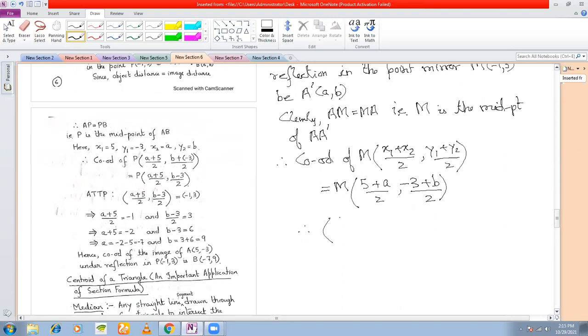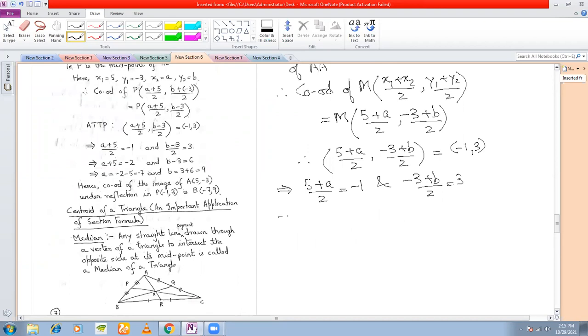So therefore, (5 plus a by 2, minus 3 plus b by 2) must be equal to (-1, 3). Now we can equate the x coordinate and the y coordinate to get our values of a and b. That means 5 plus a by 2 is equal to minus 1, and minus 3 plus b by 2 is equal to 3. That means you get 5 plus a is equal to minus 2, and minus 3 plus b is equal to 6.